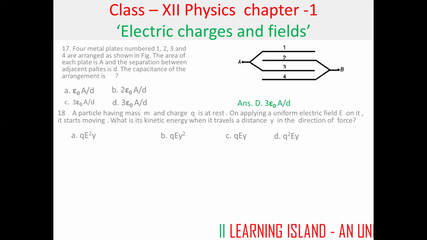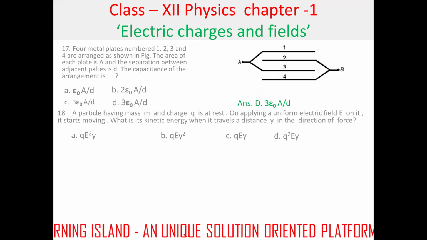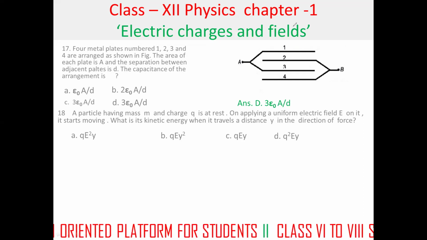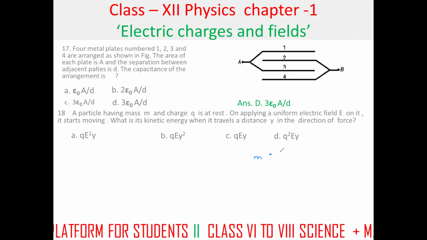Do you know the formula for kinetic energy? I'm explaining again. Suppose here lies a material of mass m with charge q. Now an electric field will make it start moving in the direction of the field. The force, we know, is q into E. Charge is q, field is E, so this is the force.